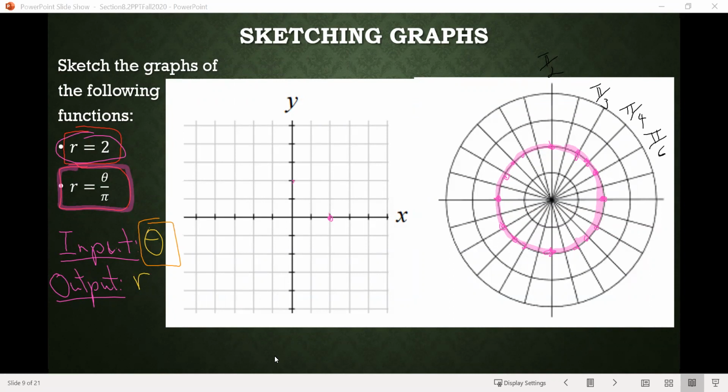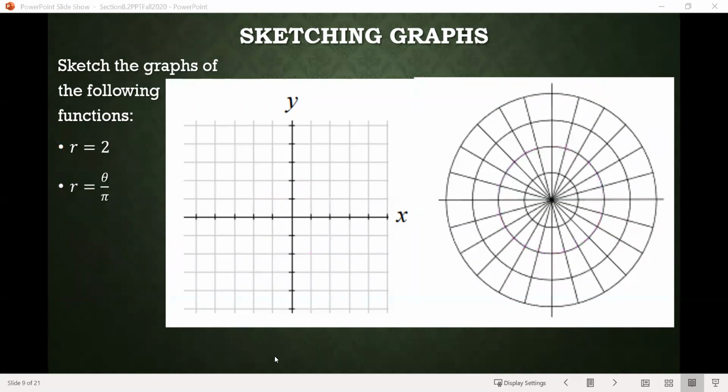So we just need to, in this case, go out 2 units in each direction. So we get, say, something like this. And the scale is a little different over here on this Cartesian coordinate system. All right, so that is that first one.